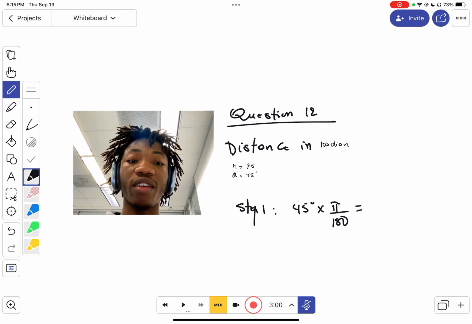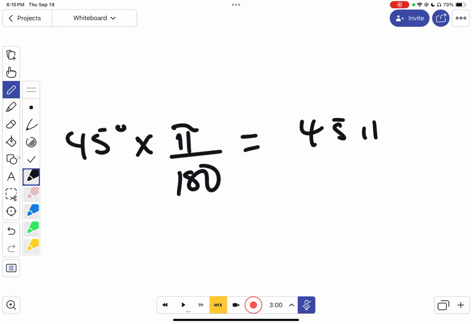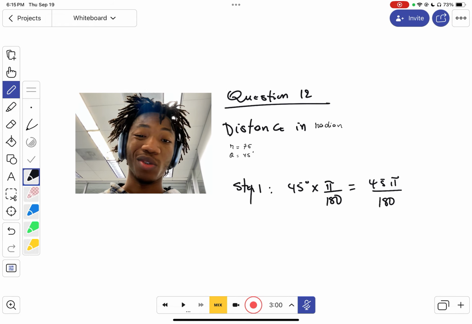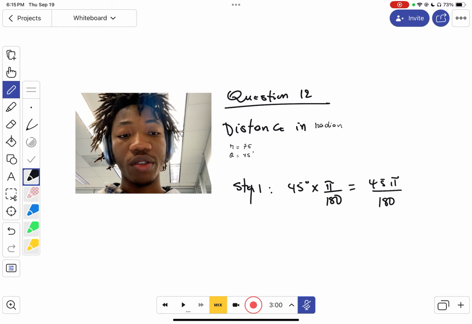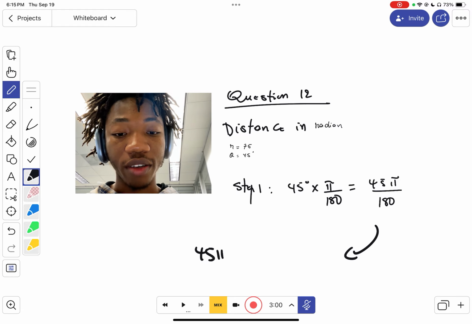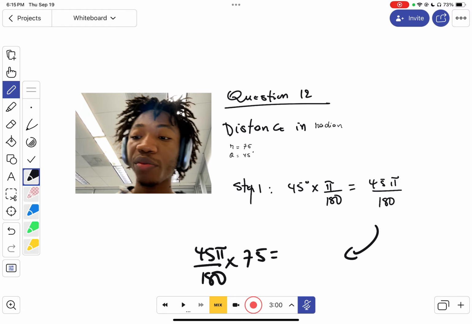So you take the 45, you multiply by pi over 180, so it's going to give you 45 pi over 180. And then you can reduce this if you want to, but you're going to find the distance first. So you'll take the result from step one, which is the 45 pi over 180, and multiply it by 75.